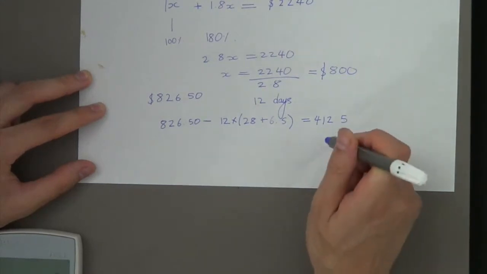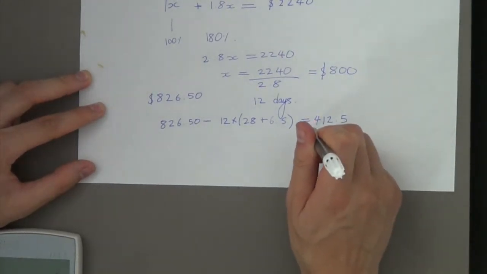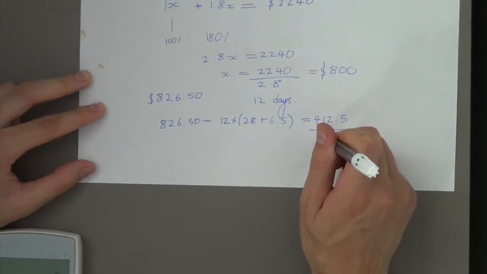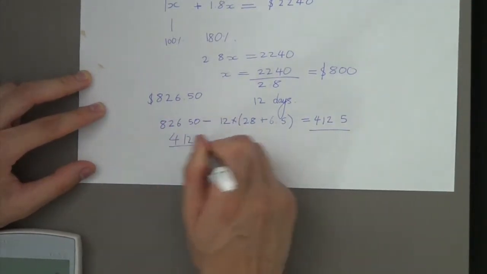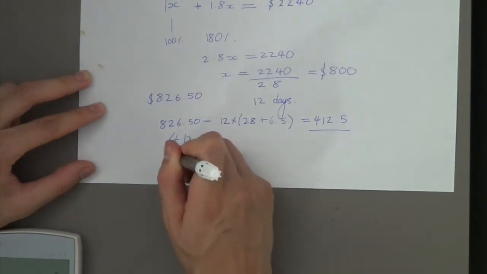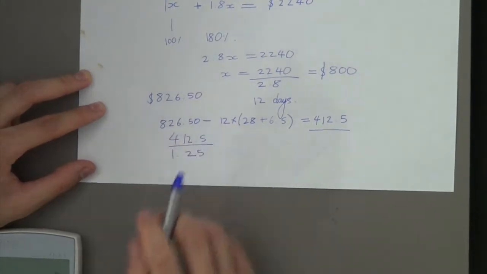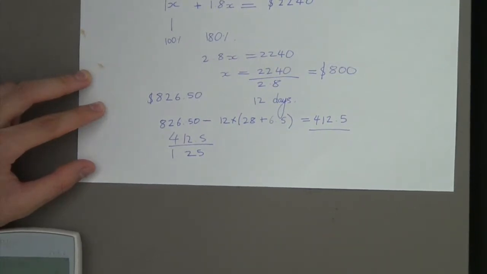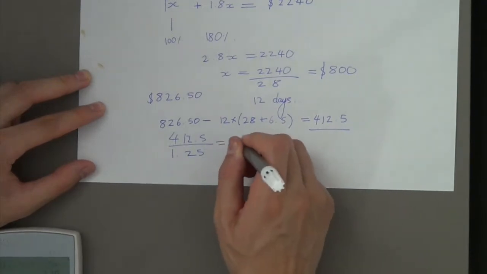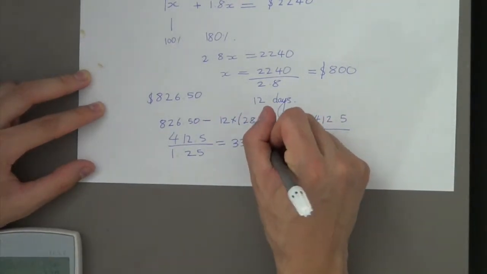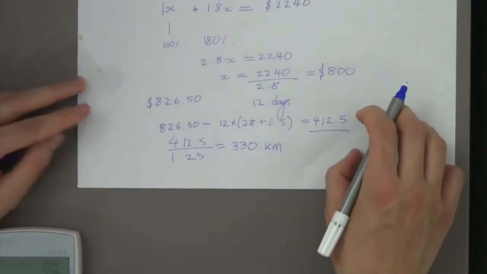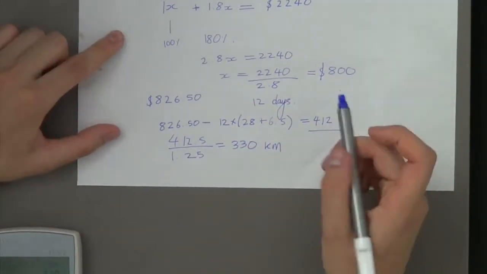So what I'm going to do now is divide this by 1.25. 412.5 divided by 1.25, and that gives me 330 kilometers. Okay, so do you understand what we've done here?